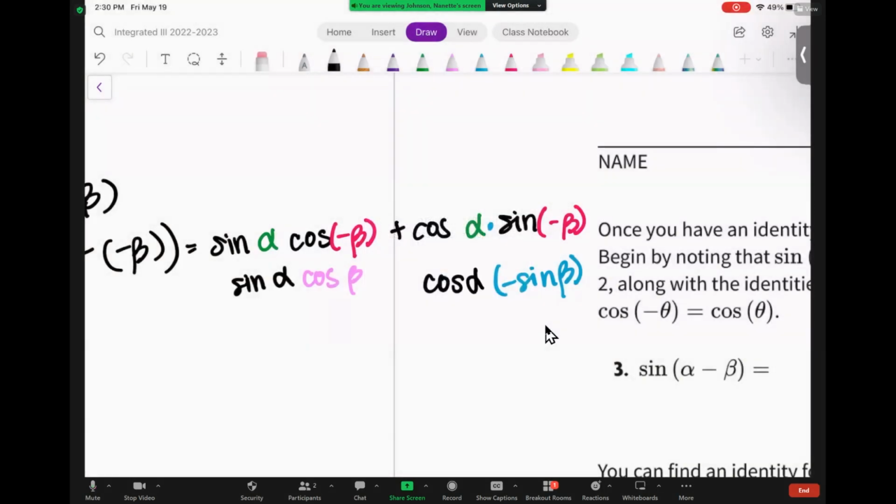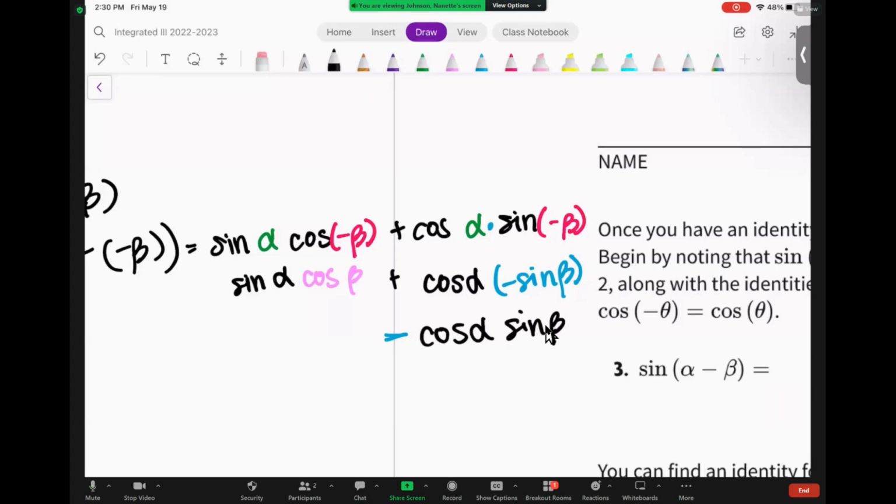alpha, and then plus. And then I'm going to see if there's anything else I could simplify, which I can, because this right here says negative sine alpha times cosine alpha, which means that a positive times a negative becomes a negative. So then this just becomes negative, and then the rest of this is cosine alpha sine beta.